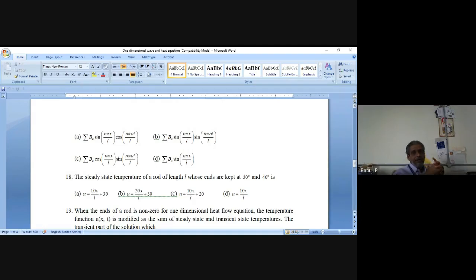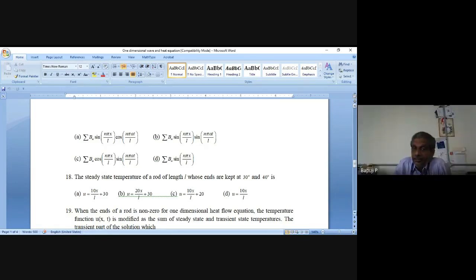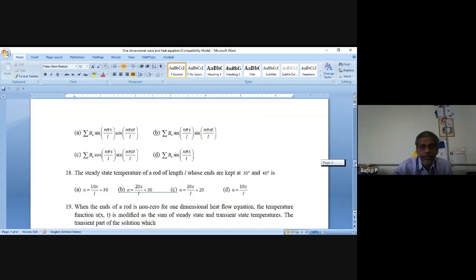Come on, right or wrong, say something. First, U of 0 gives 30 degrees, very good. Then if you substitute 40, then 40 is equal to AL plus 30, so 40 minus 30 is 10. Okay, you can solve.